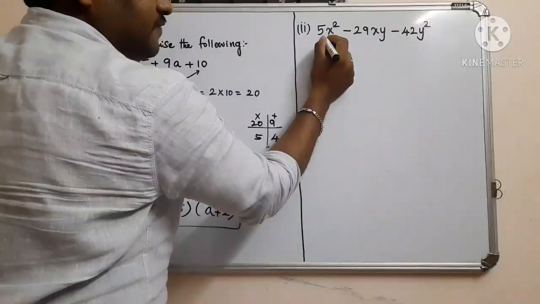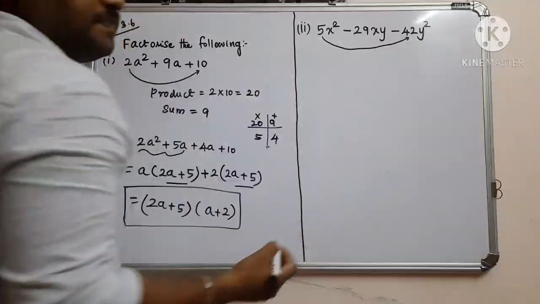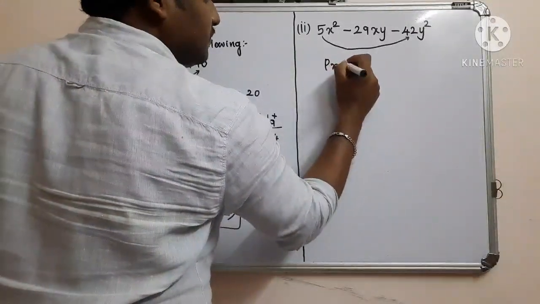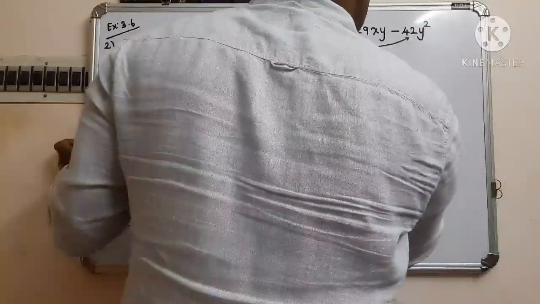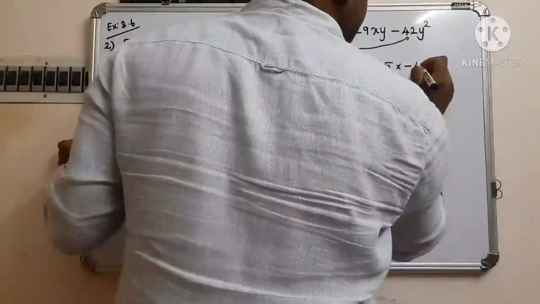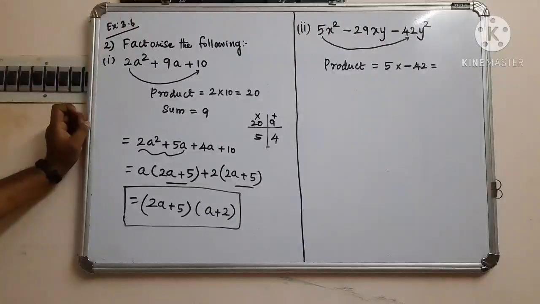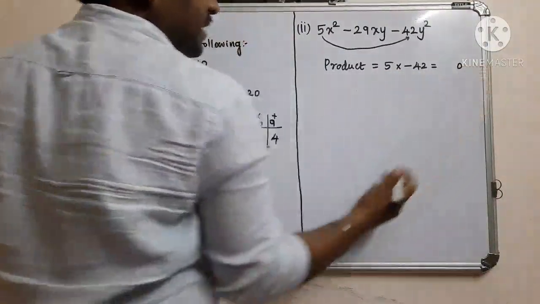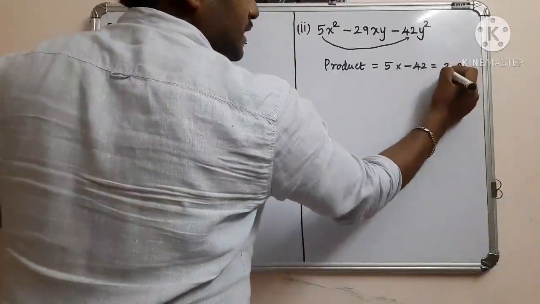So 5 should be multiplied with minus 42. That is the product: 5 into minus 42. 5 twos are 10, remaining 1, 5 into 4 is 20, 20 plus 1 is 21.